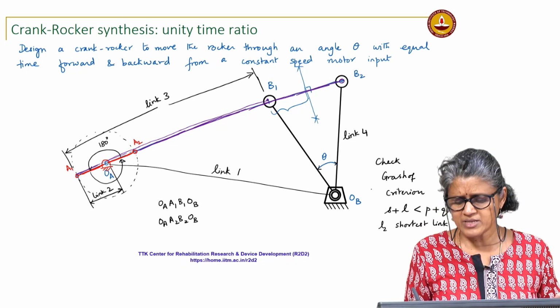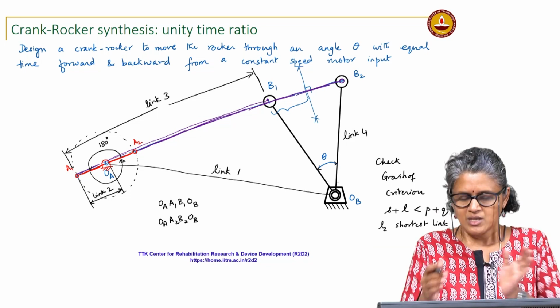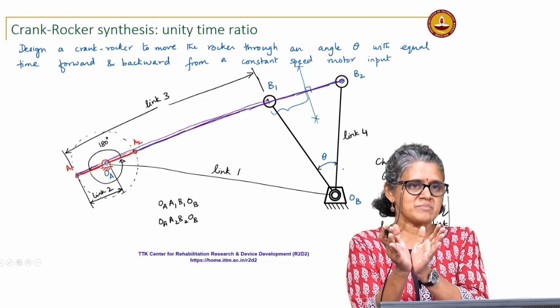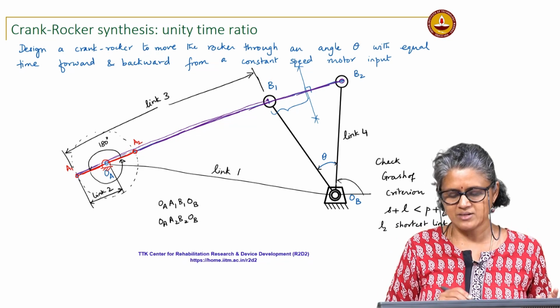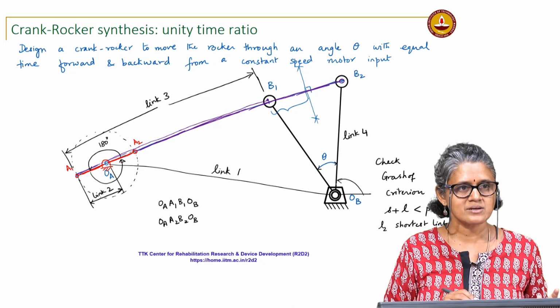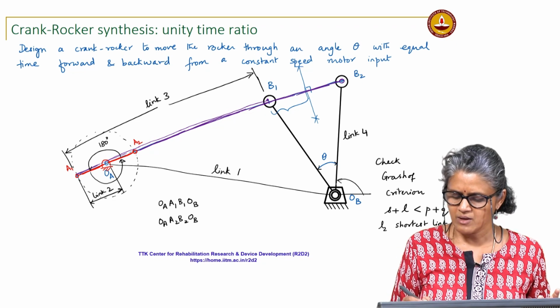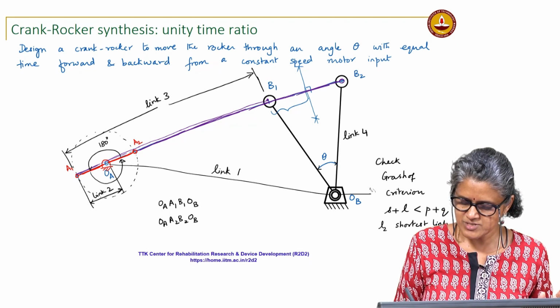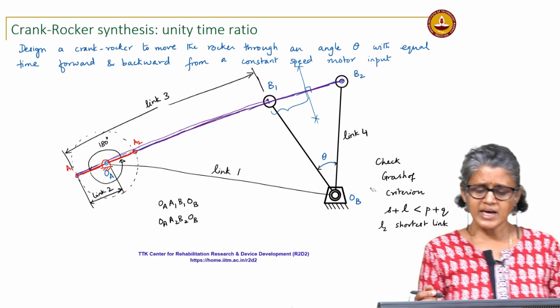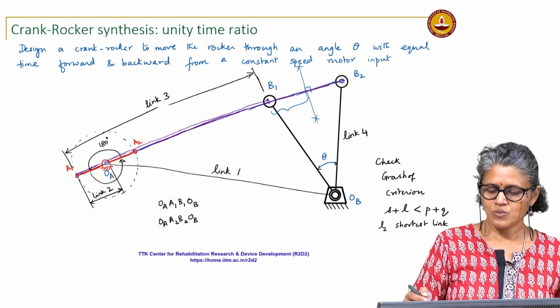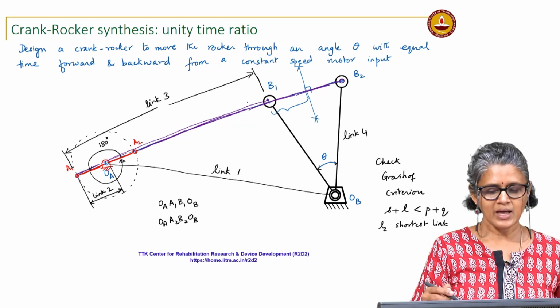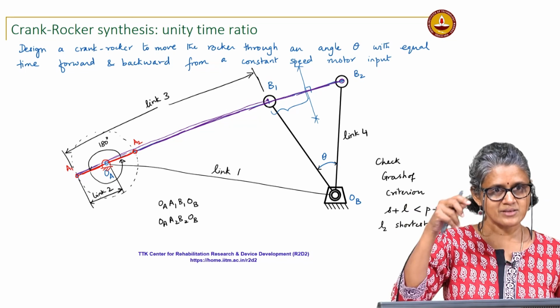Sometimes they will tell you what the initial position should be. So, the orientation of link 4 may have been given. I might have said no, you have to start with this at a particular angle, or that may be a free choice. Then B1 B2, where I locate the pivot.